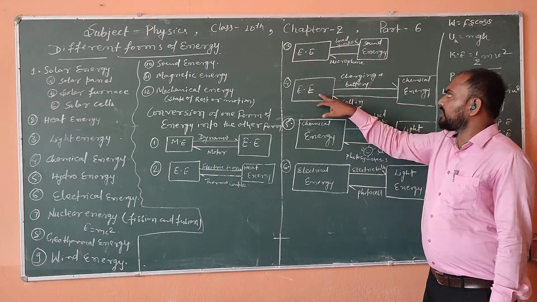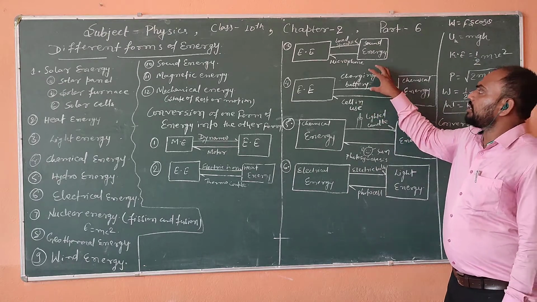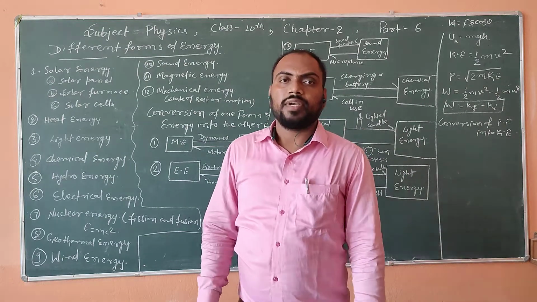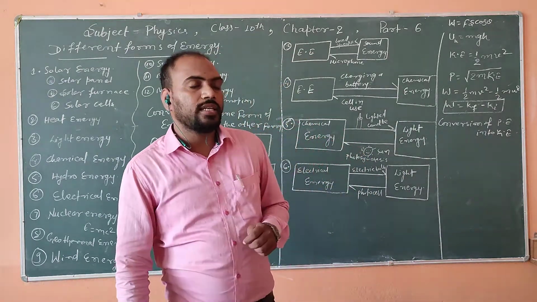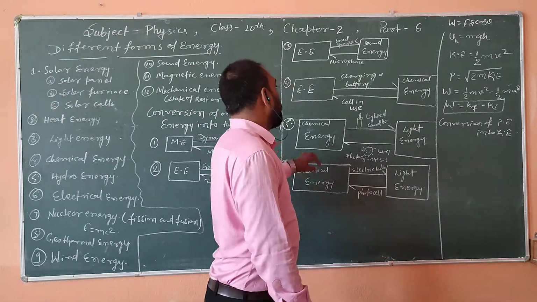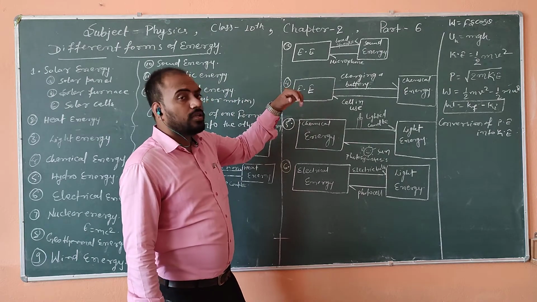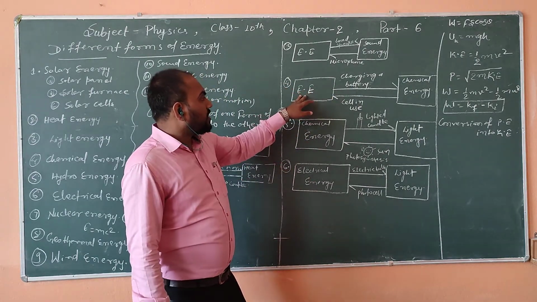Now electrical energy into chemical energy: charging of a battery, charging of your mobile phone. A mobile phone has a battery which stores energy and then runs, so the functions of the mobile depend on the chemical energy stored in its battery.